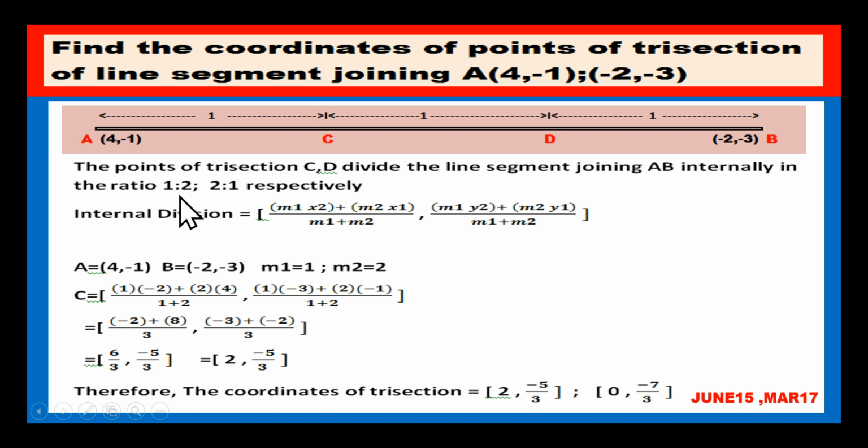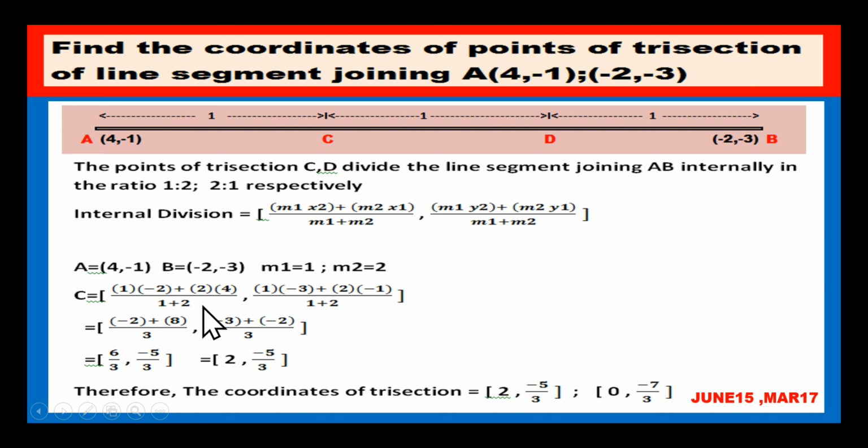First of all, let us find the coordinates of C. Coordinates of C means the internal division ratio is 1:2. Therefore, m1 is equal to 1 and m2 is equal to 2. Let us substitute these values in the formula. m1 x2, m1 is 1 into x2 is minus 2, 1 into minus 2 plus m2 x1, m2 is 2 into x1 is 4, 2 into 4 divided by m1 plus m2, 1 plus 2.